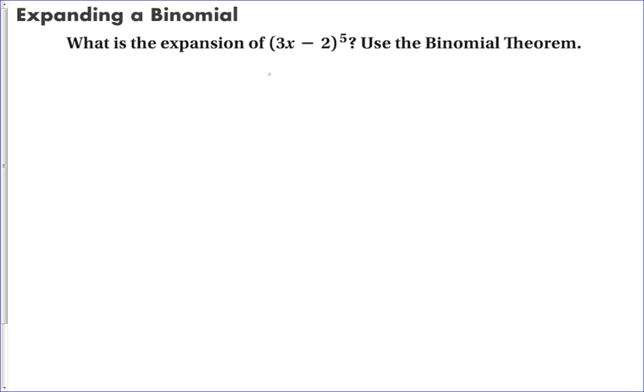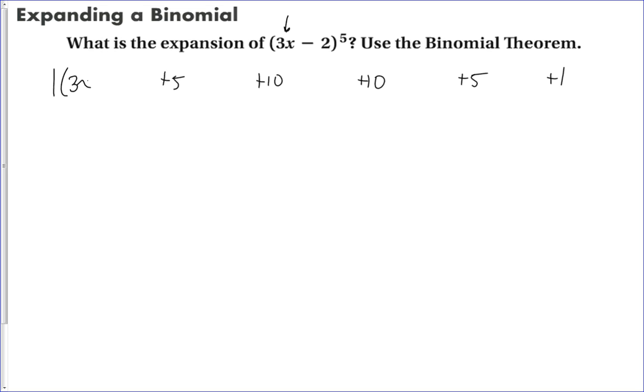So we need to go to the 5th row of Pascal's triangle. The 5th row of Pascal's triangle is 1, a positive 5, a positive 10, another positive 10, another positive 5, and a positive 1. All right, now remember we take a, which is this first term, 3x, and raise it to the 5th.